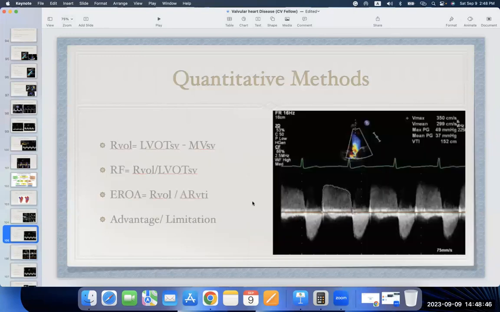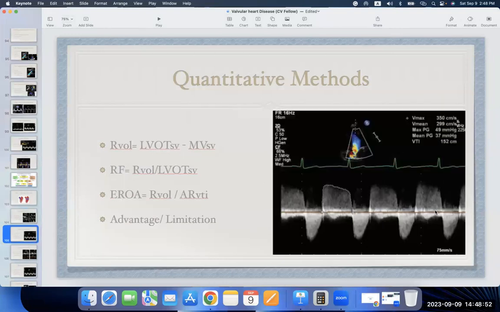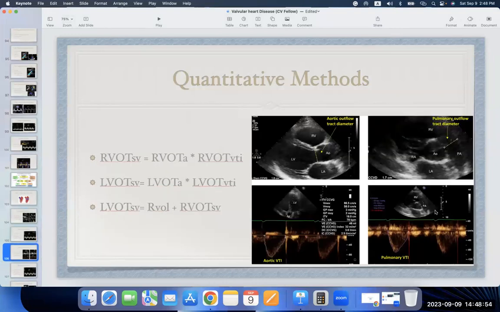This is the first way, actually, to use the mitral stroke volume. But a lot of people actually use the RVOT instead of mitral. So you calculate the RVOT diameter from the short axis, and again, divide it by 2 and multiply it by the VTI of the pulmonary.